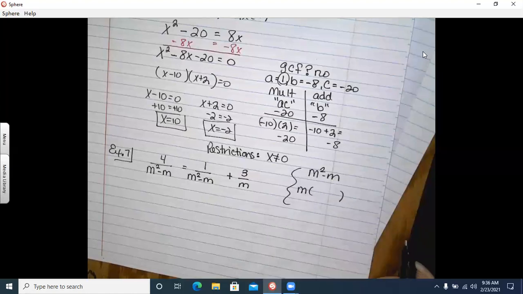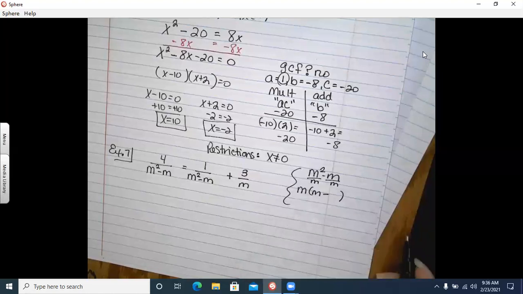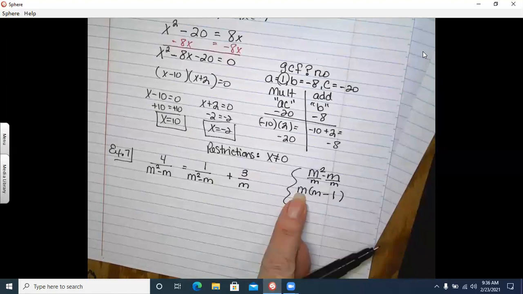If I divide both terms by m, what's m squared divided by m? m. Think about it as I had 2 m's, I took 1 out, only have 1 left. Minus, what's m divided by m? The number 1. If I distributed m times m is m squared, m times negative 1 is negative m.